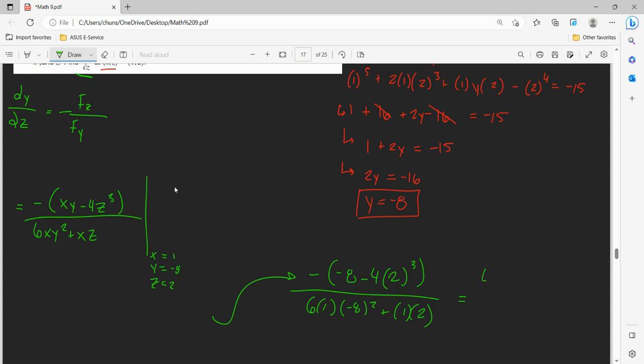And so this is positive 40 on top. In the bottom we have 64 times 6 plus 2, 386 on the bottom.